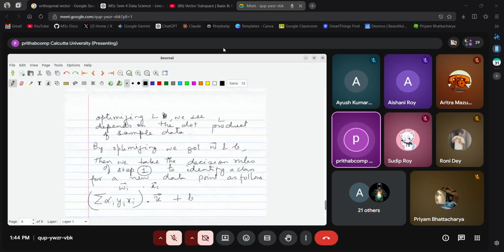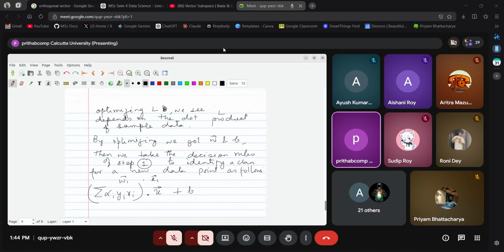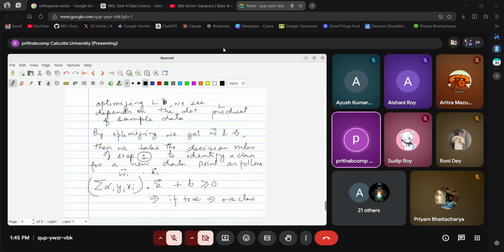So if the summation alpha i yi xi dot u plus b is greater than or equal to 0, this implies a positive class.